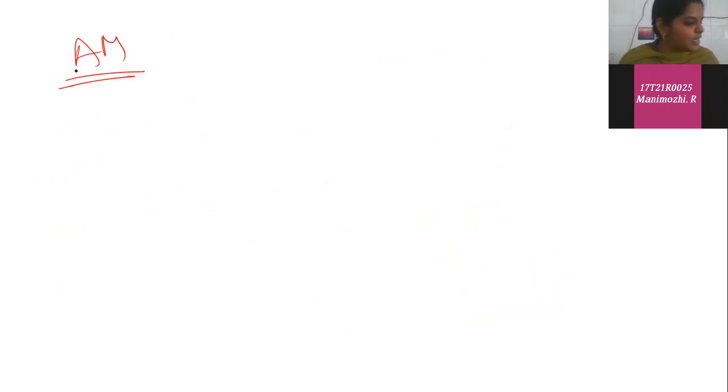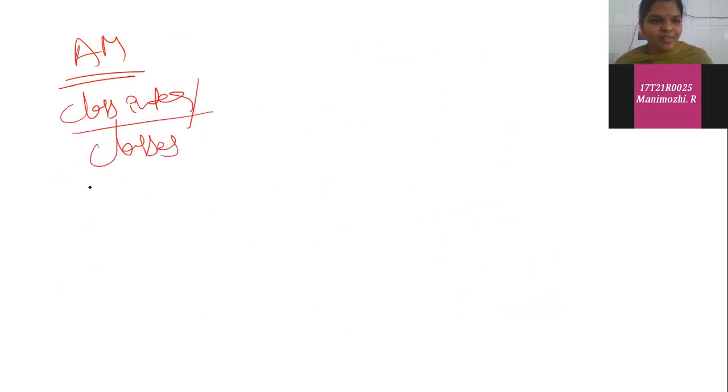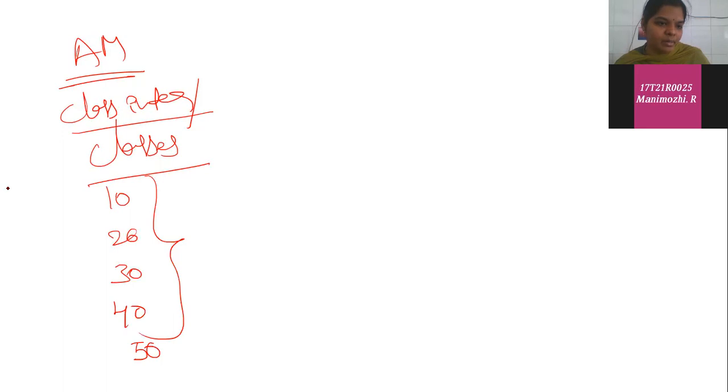Suppose, what is the data for the previous problem? Any one of the data, either it may be a class interval, or it may be classes, right? So you have 10, 20, 30, 40 and 50. These come under variables.